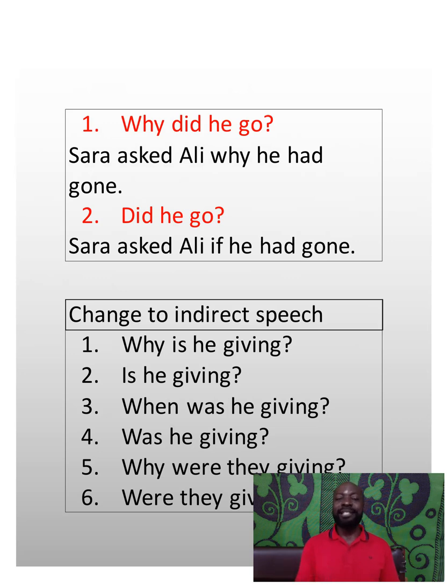Because of had, the verb must change to the past participle. The past participle of go is gone, not went. Went is past simple when you have does or do. Number 2, did he go? Sarah asked Ali if he had gone. Good.